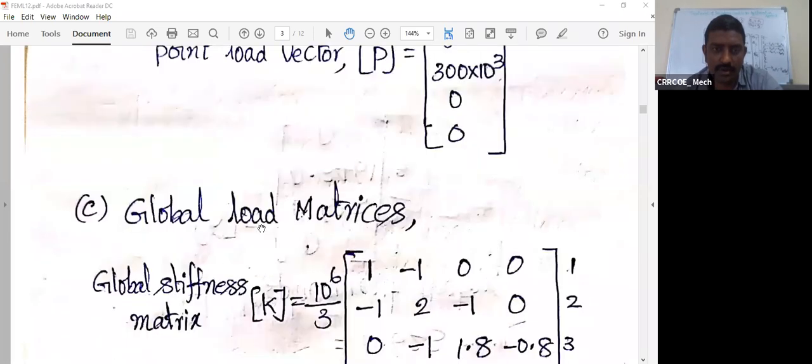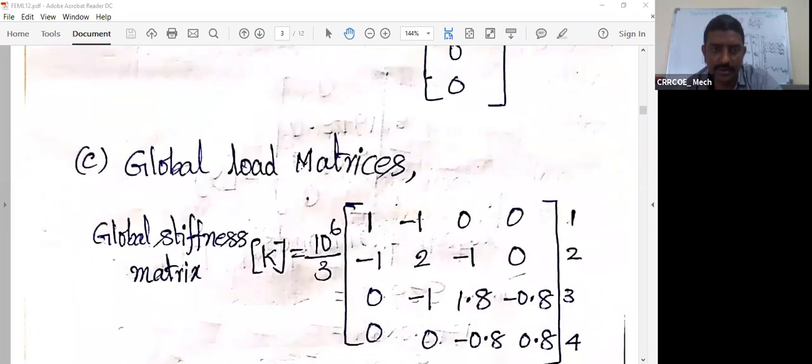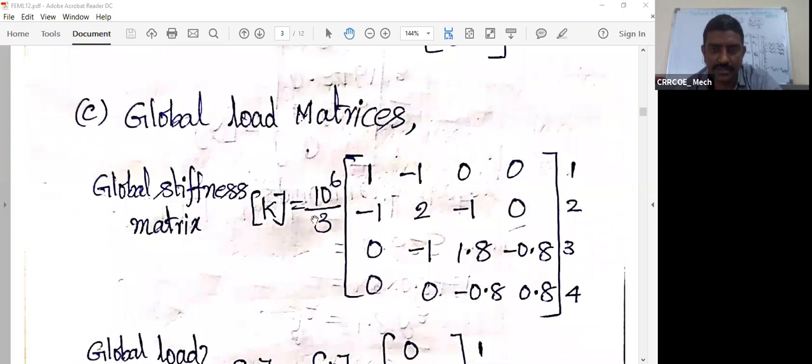So therefore, the global stiffness matrix K is equal to 10 power 6 by 3, [1 -1 0 0; -1 2 -1 0; 0 -1 1.8 -0.8; 0 0 -0.8 0.8]. This was explained in the last class. It is the addition of K1 plus K2 plus K3, with degrees of freedom 1, 2, 3 and 4.